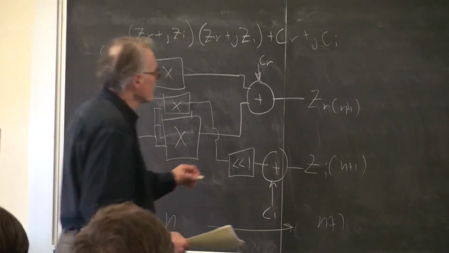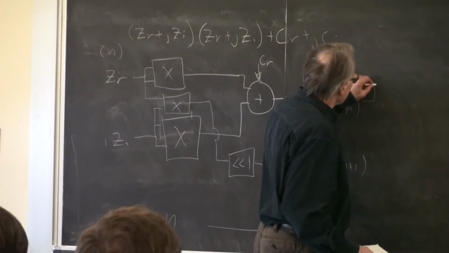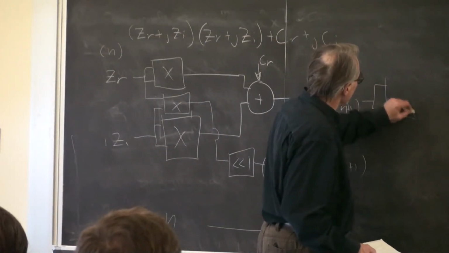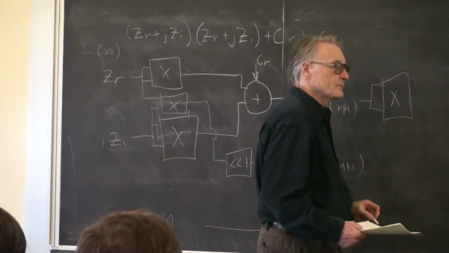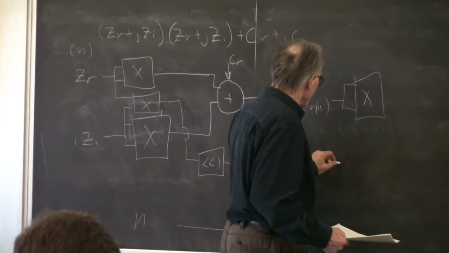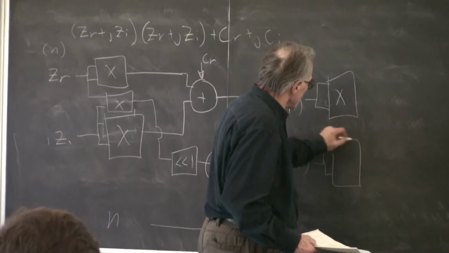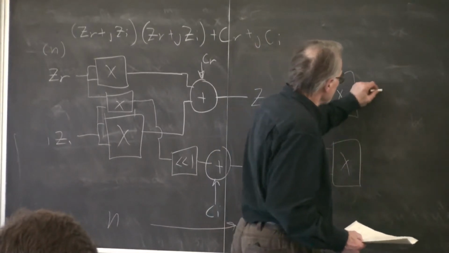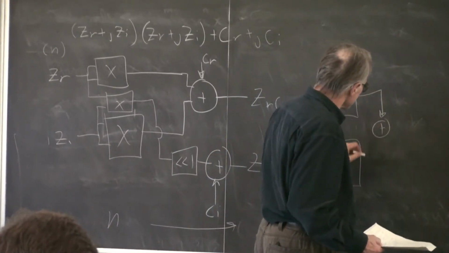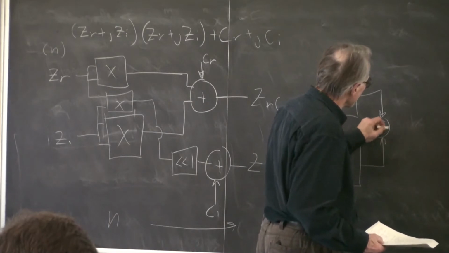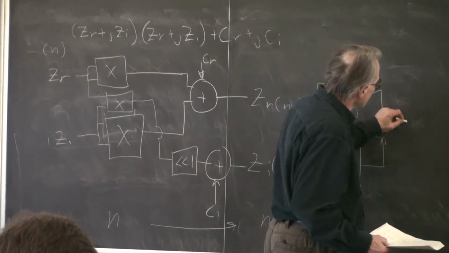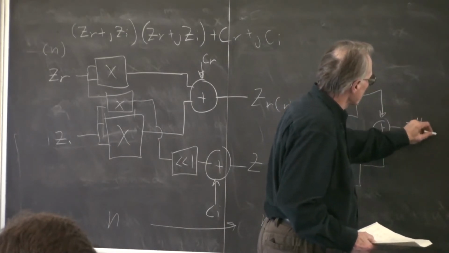Then, to find out if we're done computing, we're going to square this, square this, sum these, and ask, is it greater than 4?